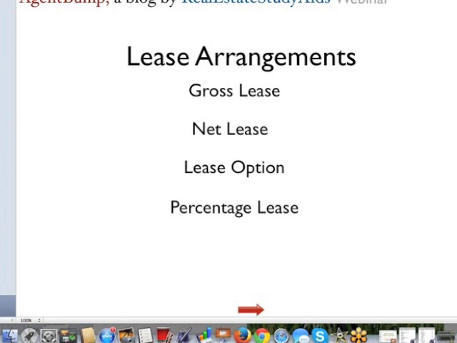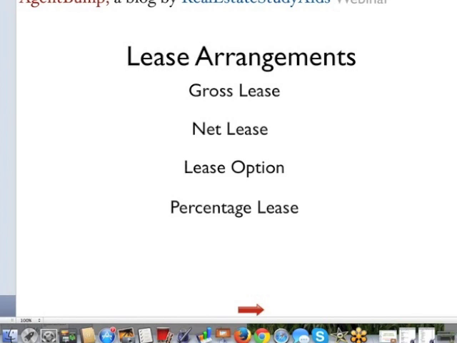Good. Okay, so what's a net lease, a lease option, and a percentage lease? I owned a business, so I remember net lease well. I think it's always triple net. Okay, well, why do you think triple net?